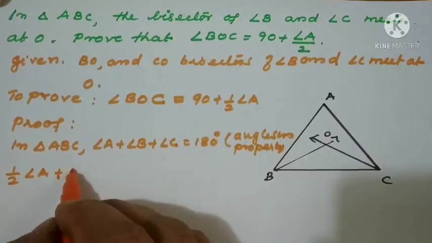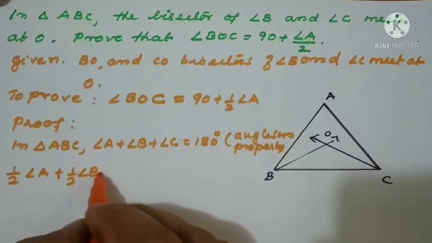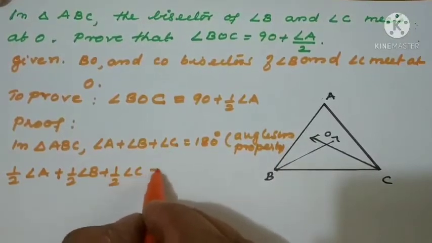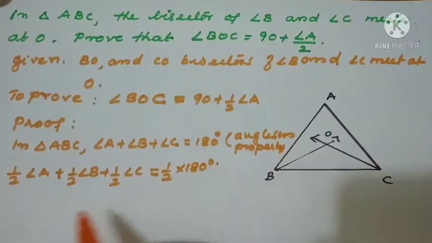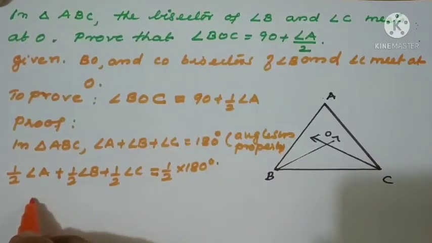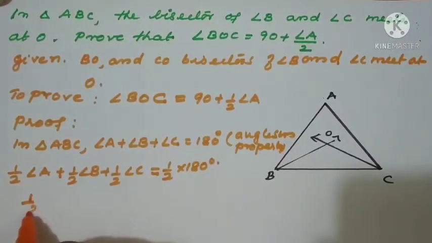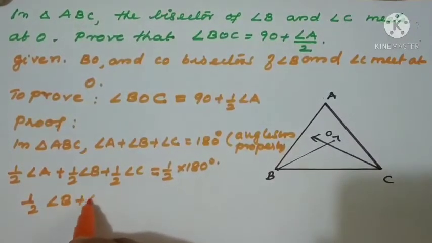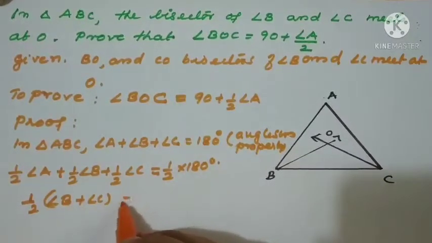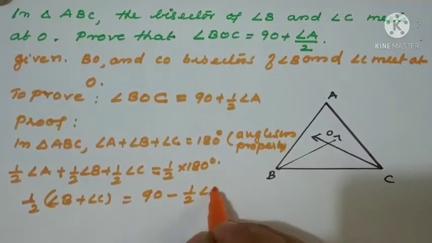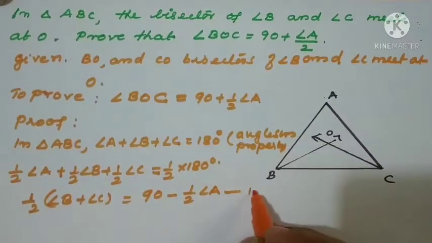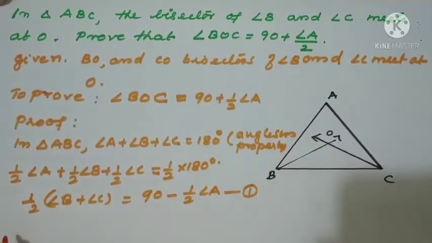Half of angle A plus half of angle B plus half of angle C is equal to half into 180. So half into B plus C we keep on one side, then on the other side 90 and half A I am taking to the right side. So this is our equation number 1.